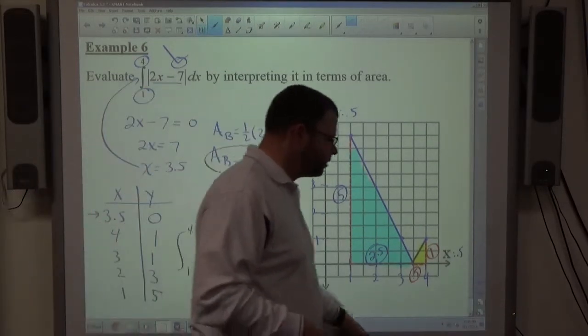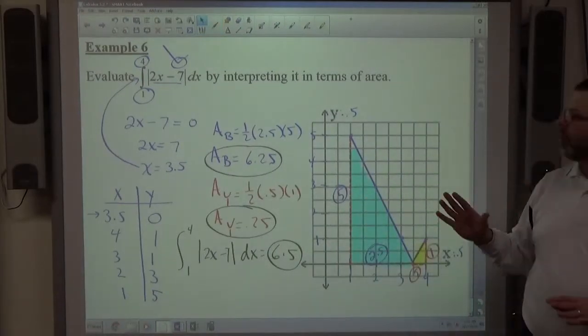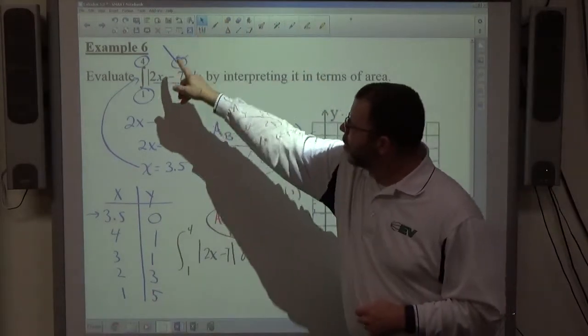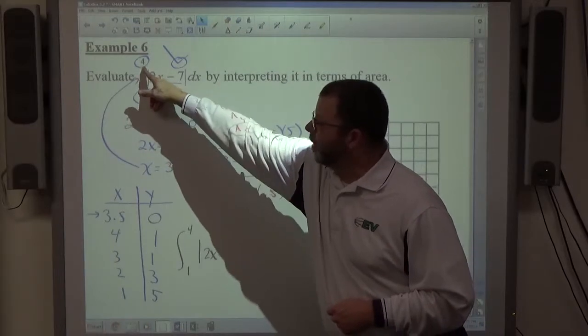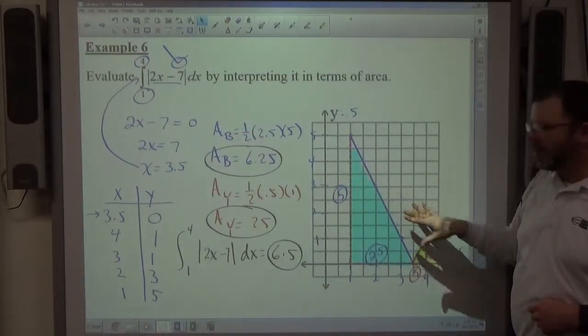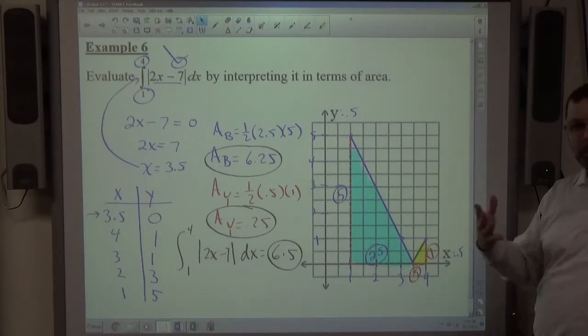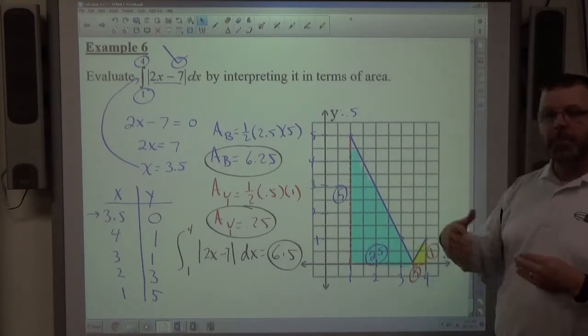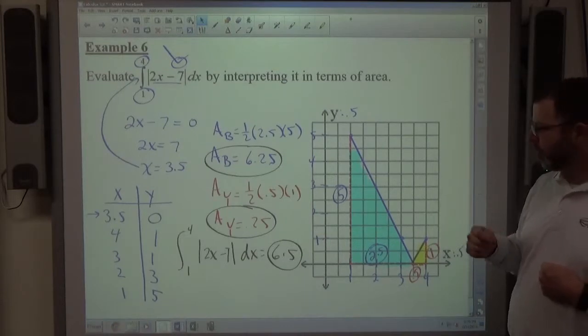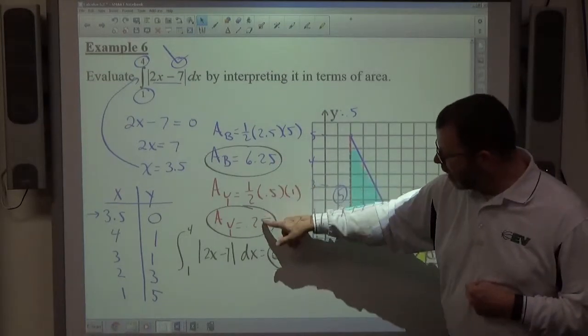So in general, to do these problems in your homework for this section, graph this equation from here to here. Identify what shapes are in your picture. They're going to be triangles, rectangles, trapezoids, portions of circles. Apply those area formulas of those things in order to find the overall area.